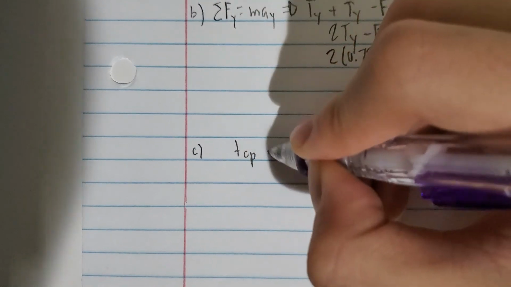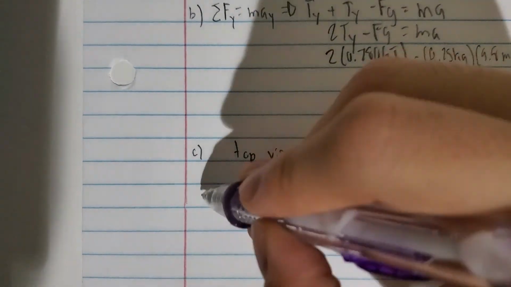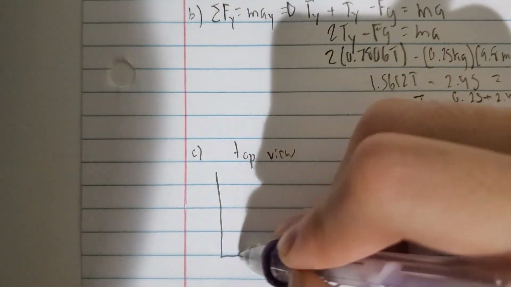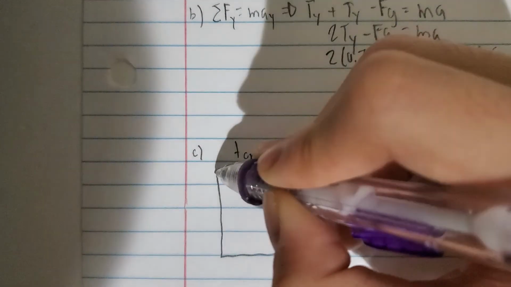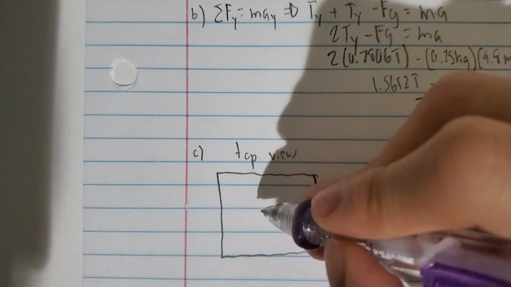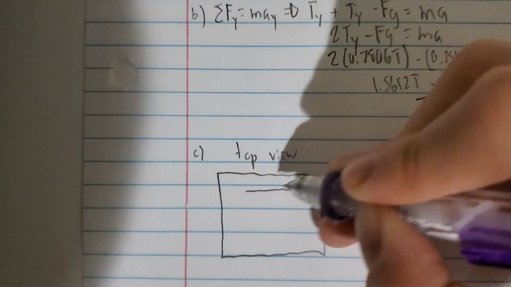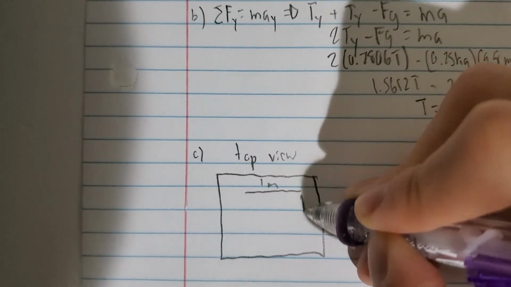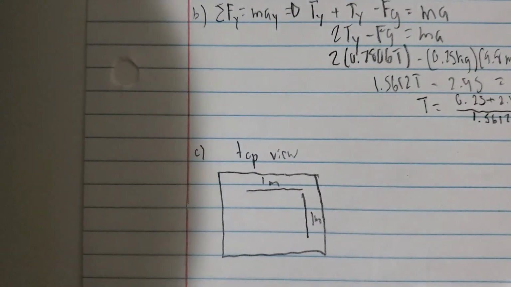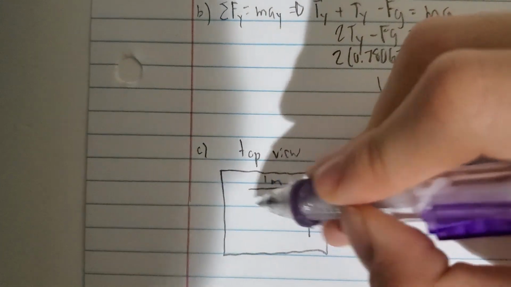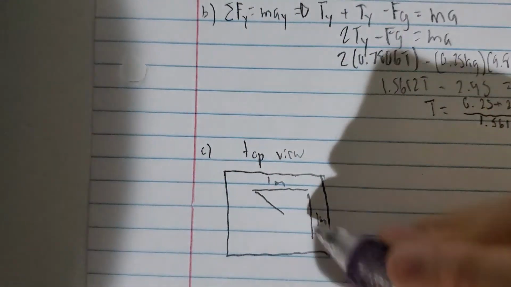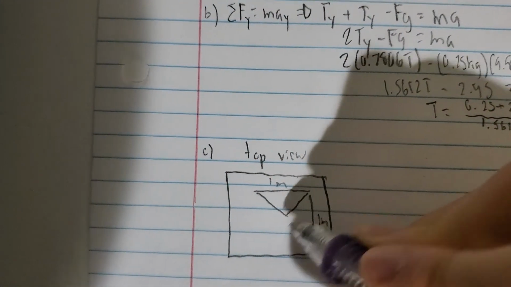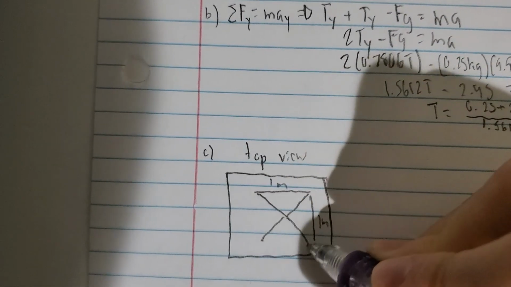This is a top view of the wires. The wires are all 1 meter apart, and the end is going to be right here, pointing to the middle.